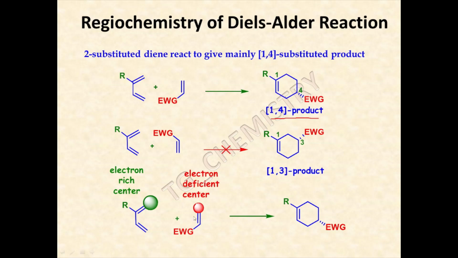So this should be the orientation for the dienophile. That means the dienophile will always have the terminal carbon as the electron deficient center. The electron deficient center has to be brought close to the electron rich center of the diene, and thereby we have the 1,4 addition product as the major product. So the regiochemistry should be the 1,4 product for this diene and dienophile.